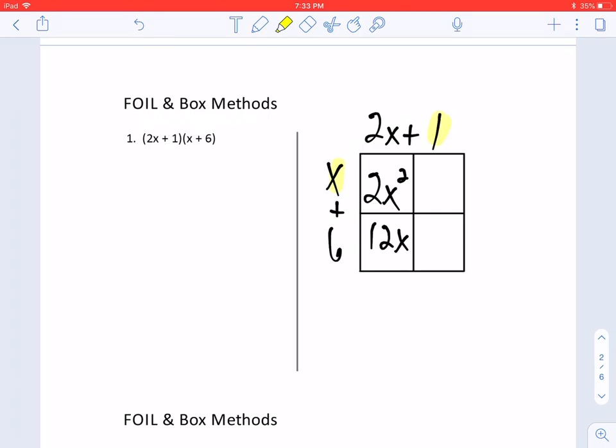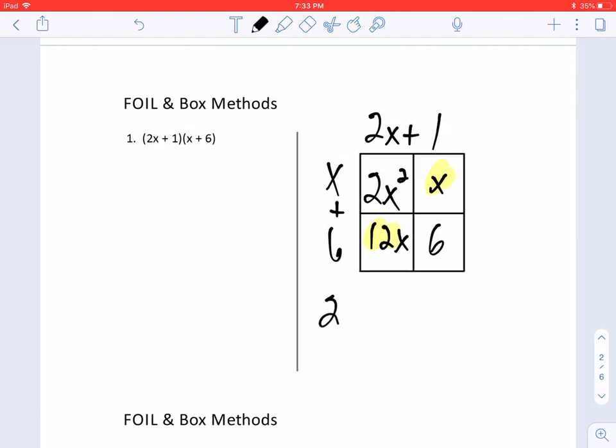Now we're going to use the 1 and multiply the x. When we do 1 times x, we get x. And then we're going to do 1 times 6. When we do 1 times 6, we get 6. All right, so now looking at that expression, you can see the 1x and the 12x are like terms.